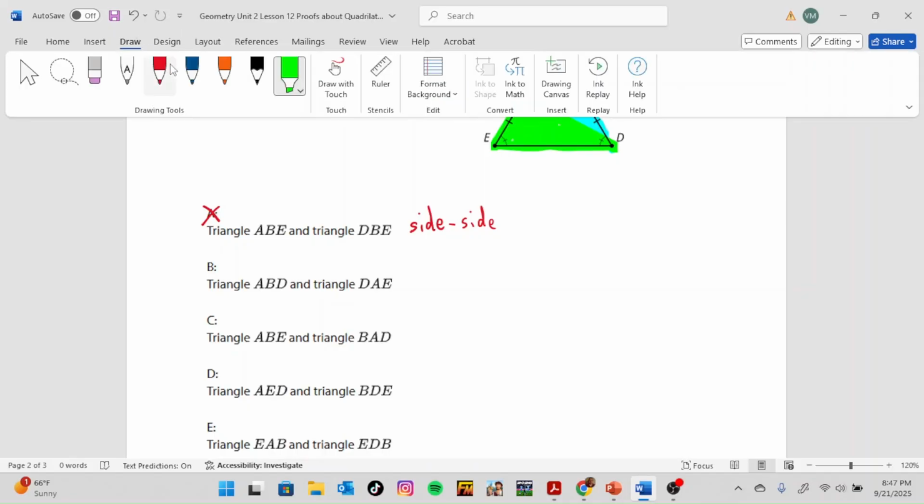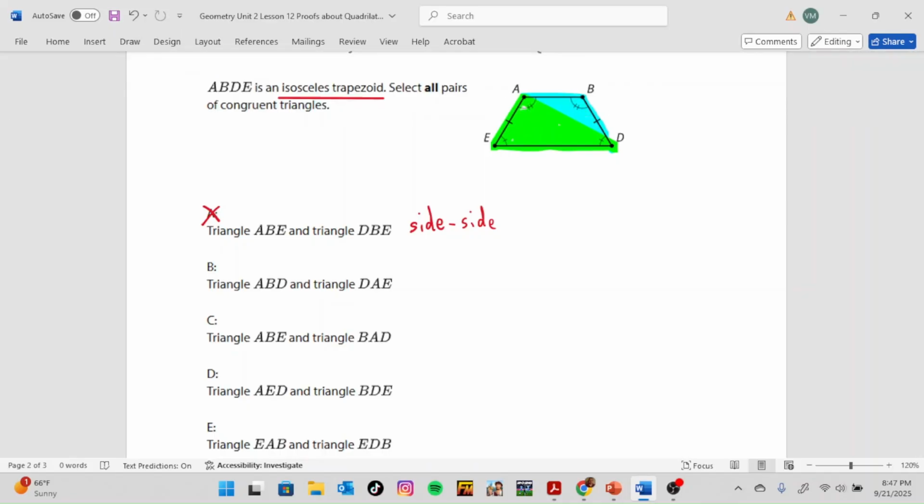Well, again, we have the corresponding sides here, or the congruent sides here. They share the line down the middle. So that, again, is two sides.